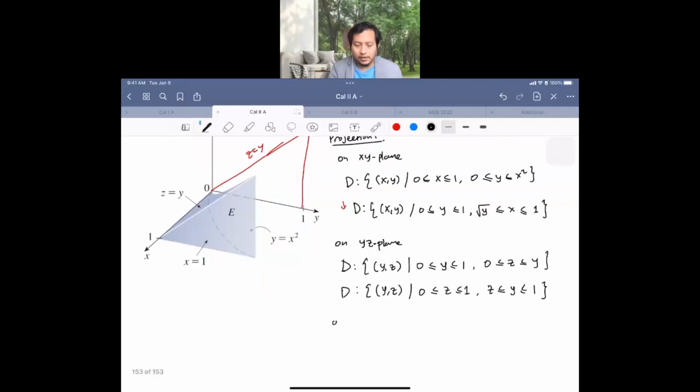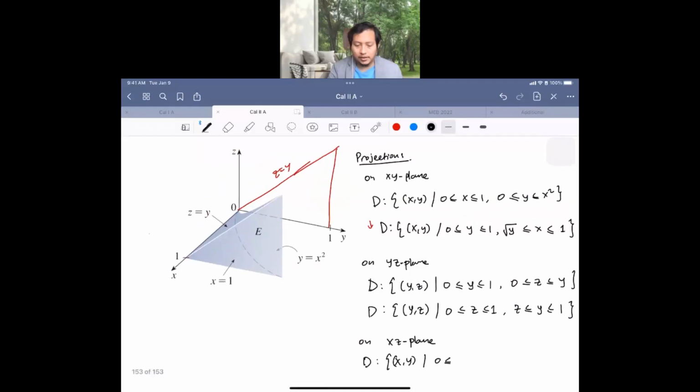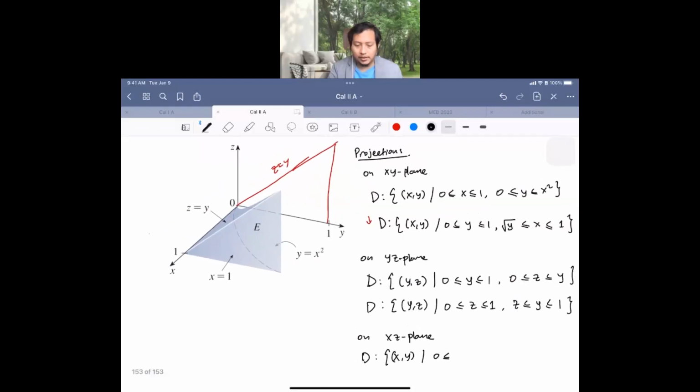And then the last one, we have the XZ plane. We start from 0 to 1 for x, okay. And for z, the other one is from 0 to x squared.